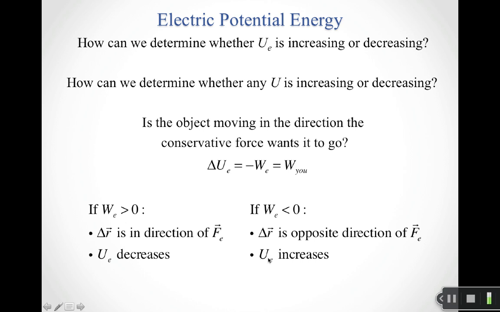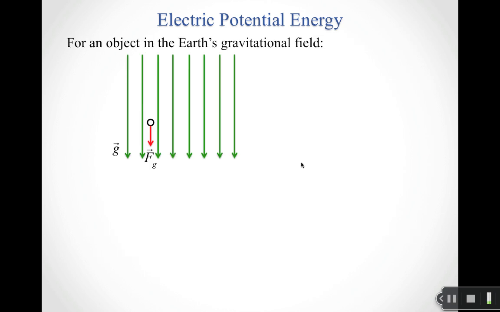That's how we end up with negative work. But then that also means that the potential energy has to increase. The potential energy increases because the work done by the electric force was negative, but this negative sign sitting out front says the work done by you had to be positive. So you're the one that did positive work against the electric force that increased the potential energy.